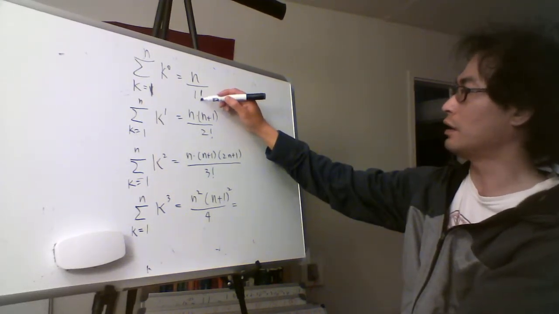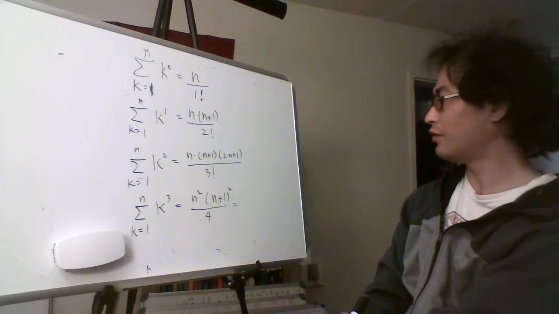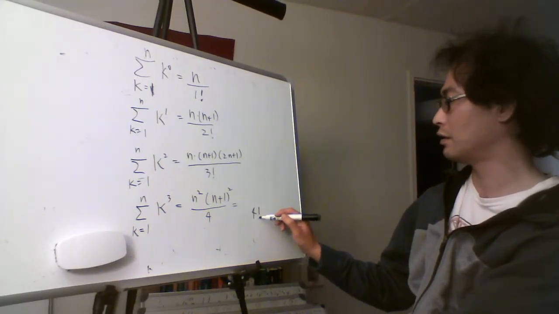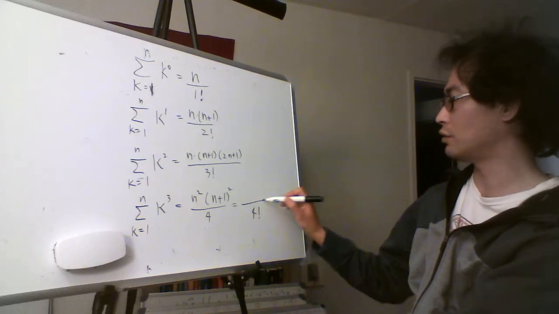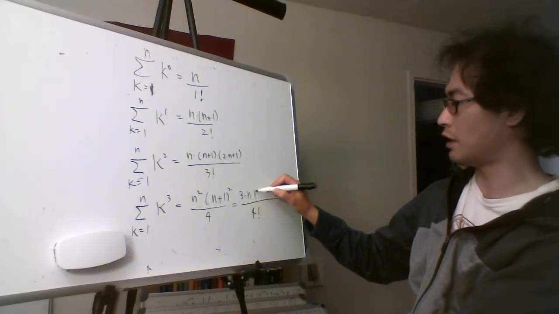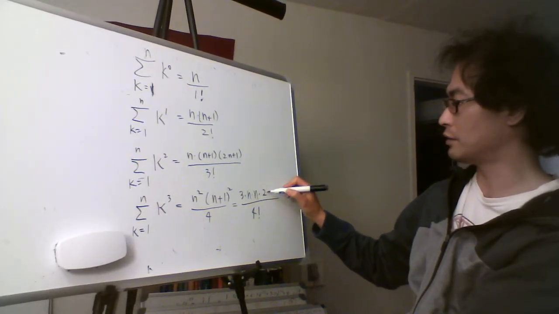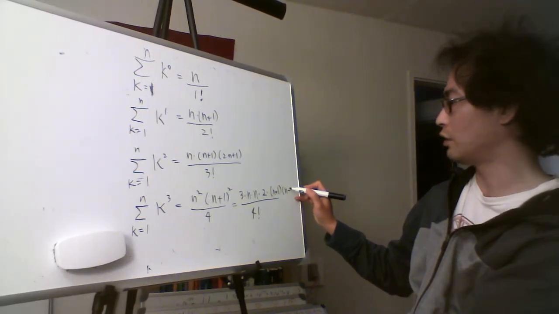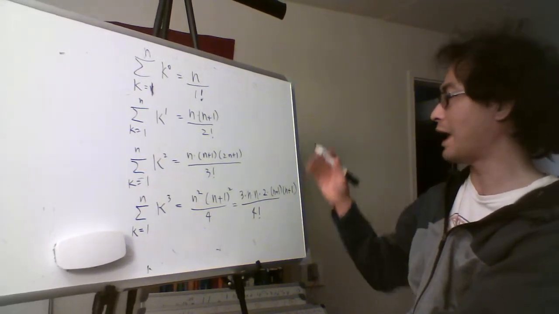We are struggling to find some kind of pattern. So you have 3 times n times 2 times n plus 1, n plus 1.